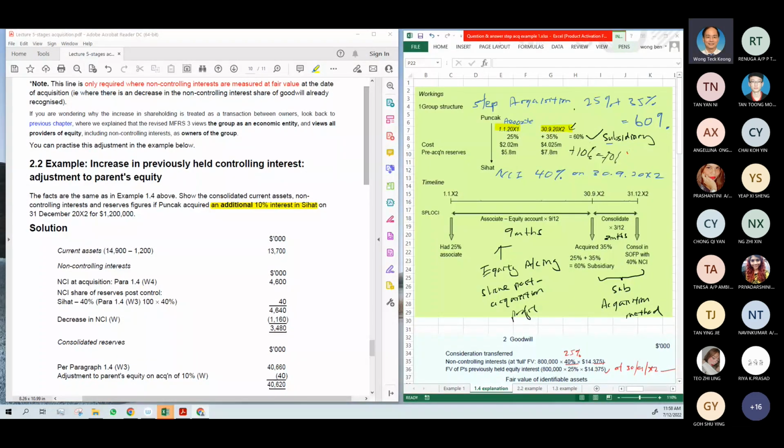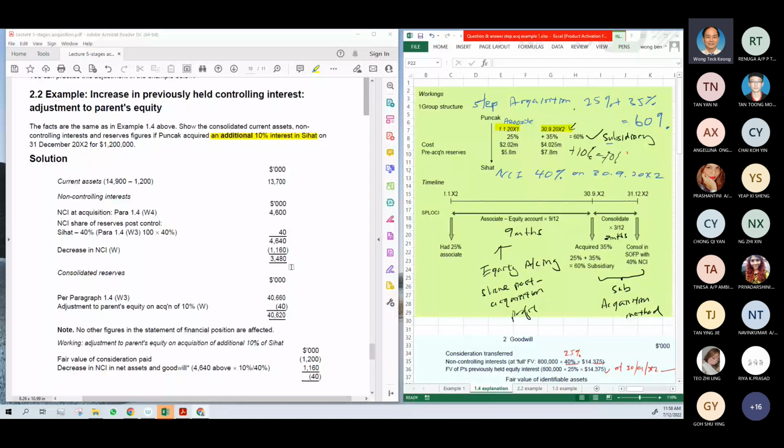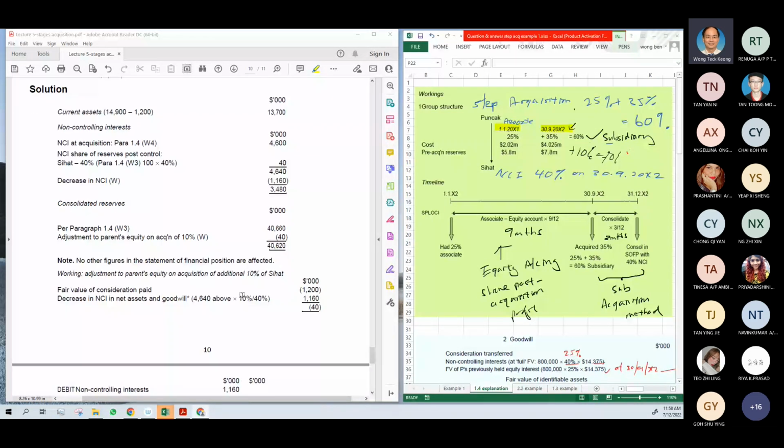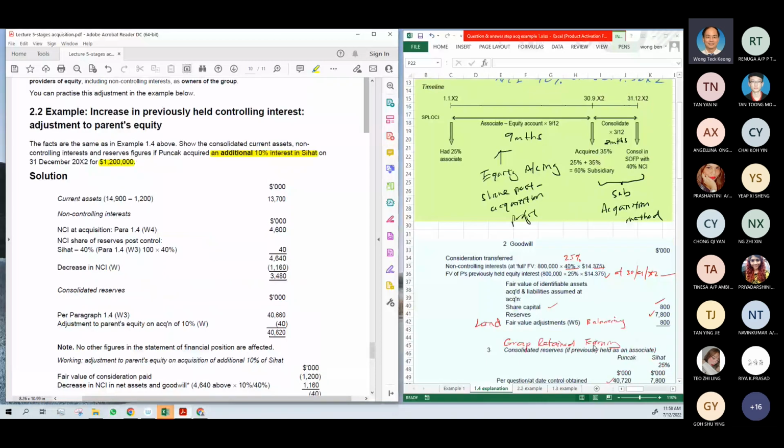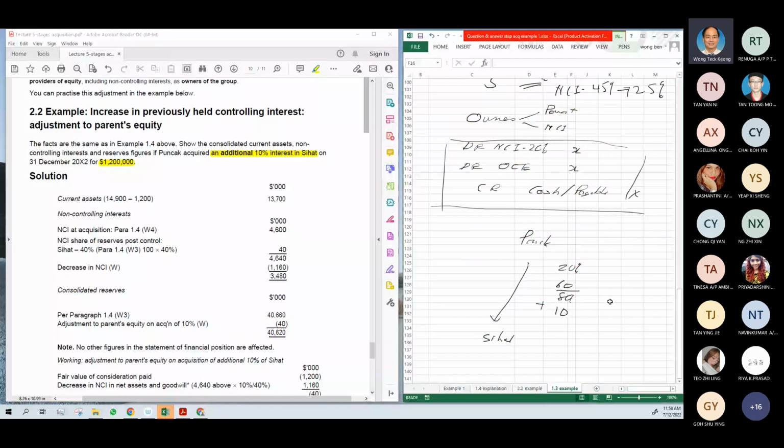So in this case, what you need to do is compare. Say they're paying 1.2 million, so you pay 1.2 million as in the example I gave you. So you just put 1.2 here. Then the NCI, the 20%, is how much?